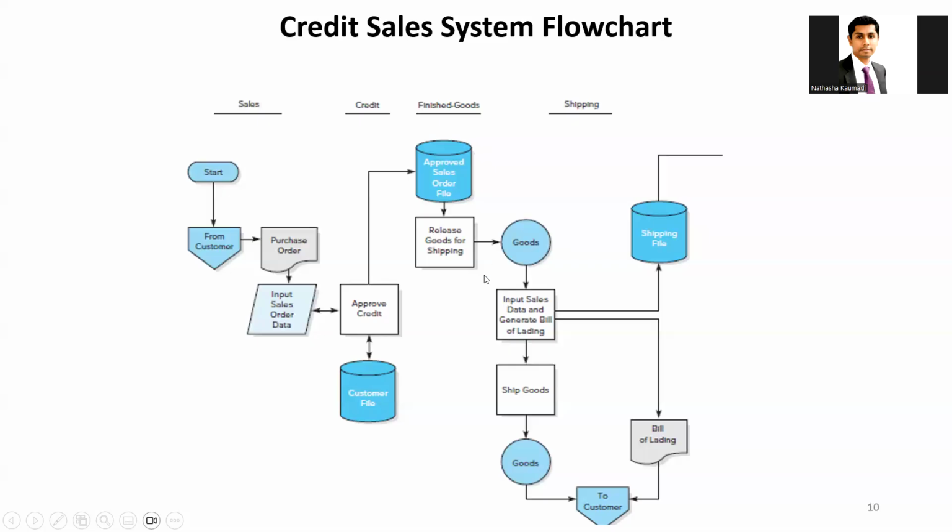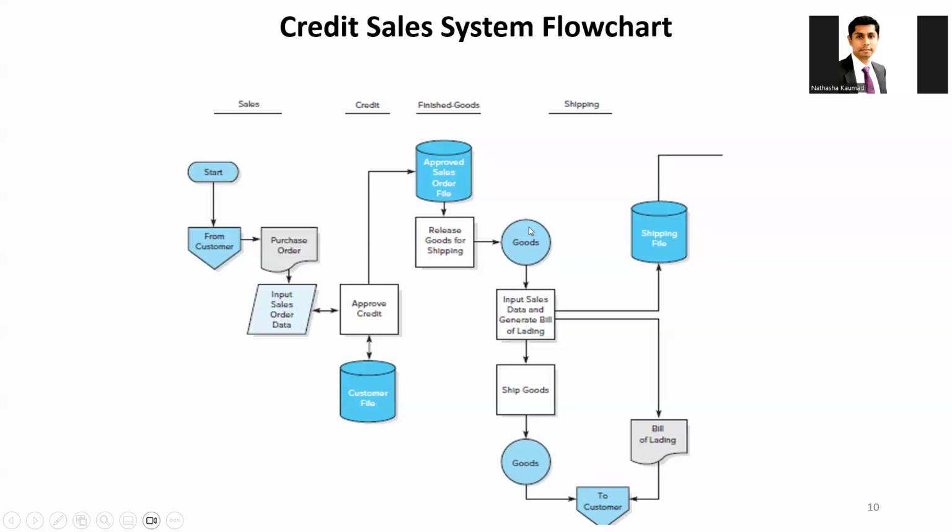Then, once we take the goods, input sales data and generate the bill of lading, because we have taken this scenario assuming that we are exporting the goods, right? Bill of lading, and then shipping the goods, and then goods are received and sent to the customer. At the same time, the shipping file is updated and the bill of lading is sent to the customer.